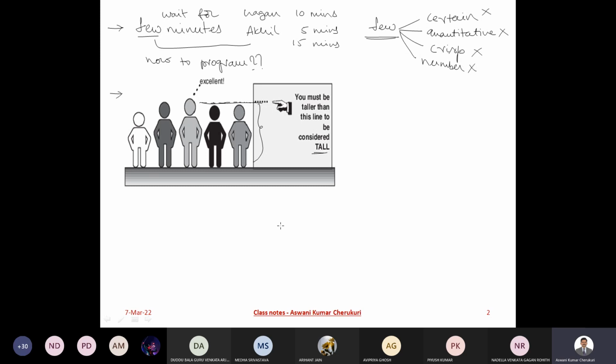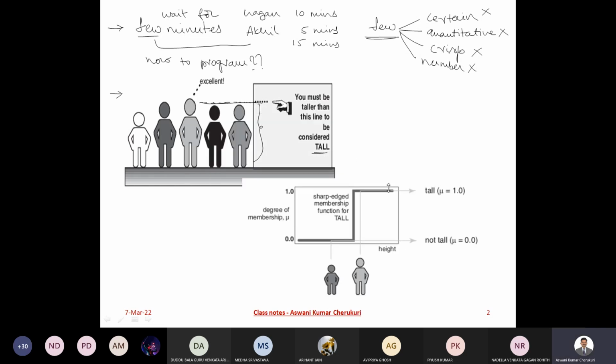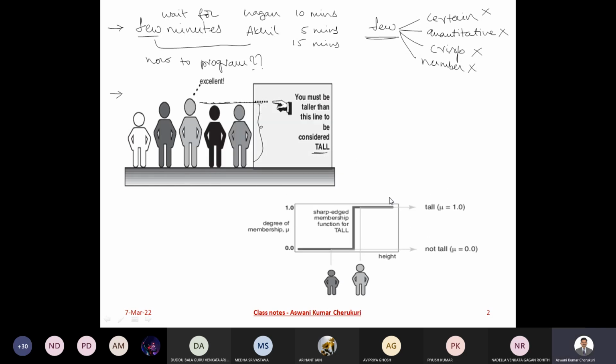When I do that, imagine I have my x-axis, talking about height, either in feet or in centimeters or whatever it is.